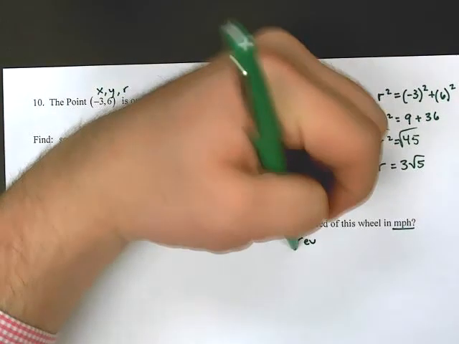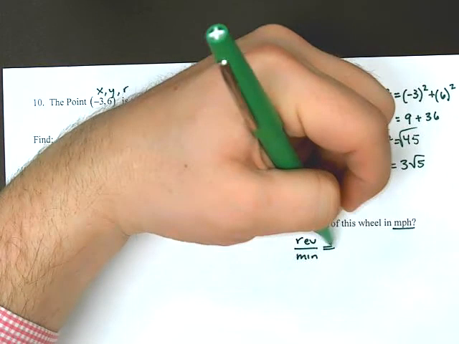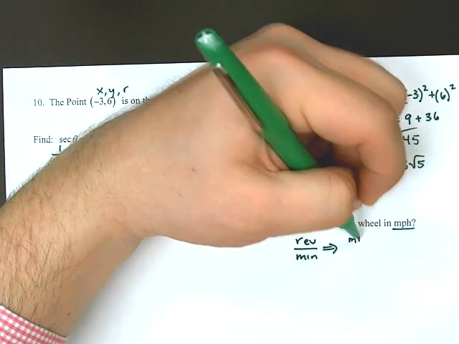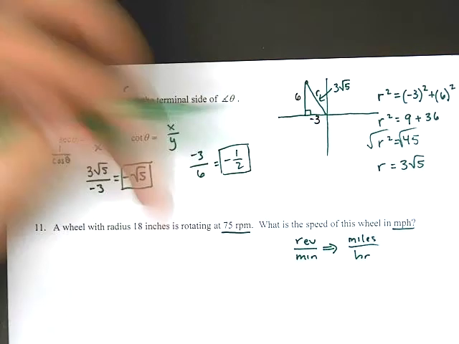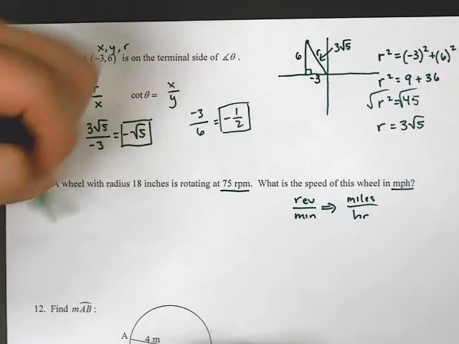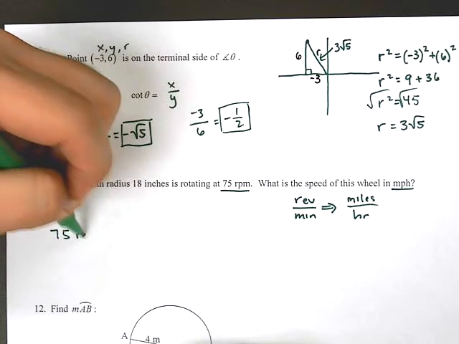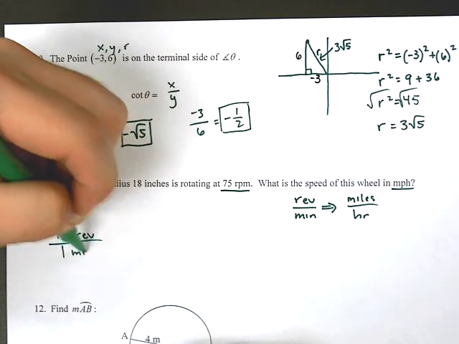Alright? So if you remember correctly, unit conversions, we know we have revs per min, but we don't want revs per min, we want miles per hour. So we have to get from revs per min to miles per hour. We start with 75 revs in 1 minute.